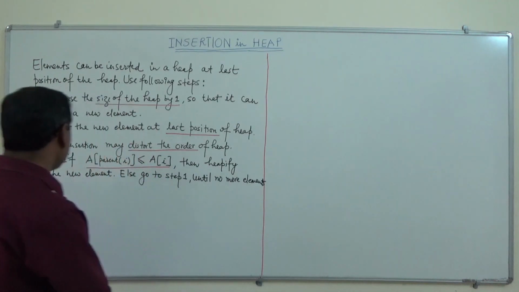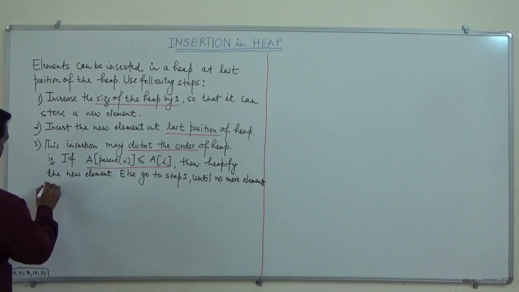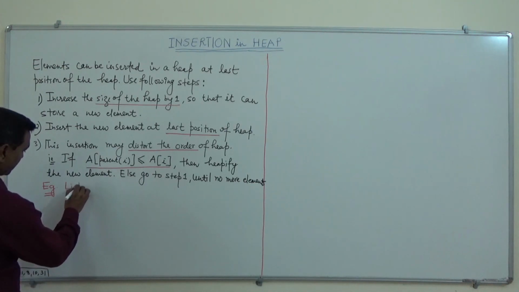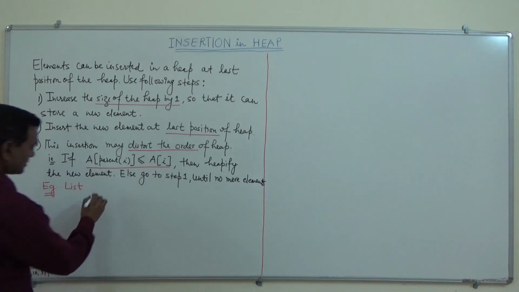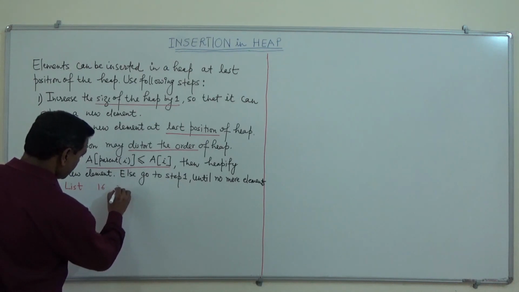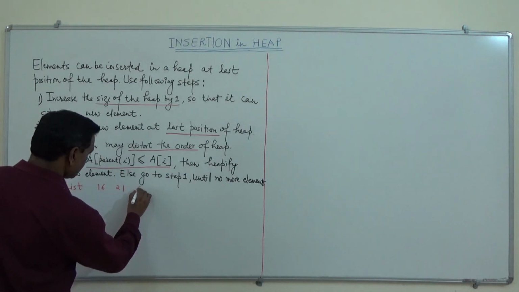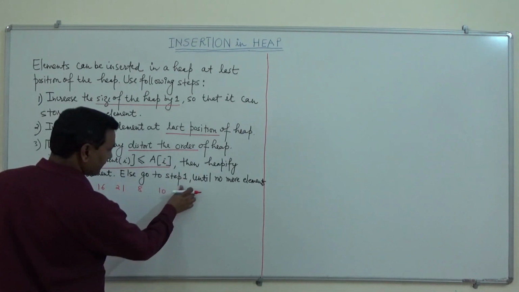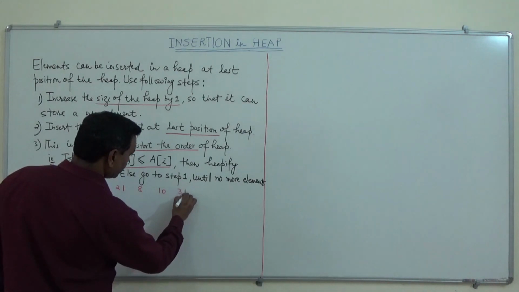Now we will see an example. Let us consider a list which is containing the elements 16, 21, 8, 10 and 31.